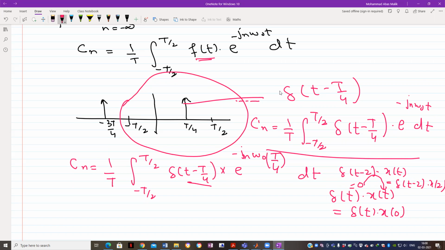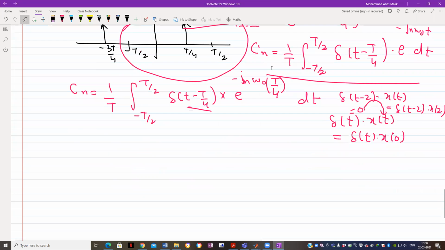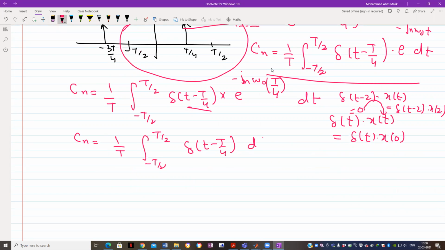So I can say that Cn will be equal to 1 by T, integral from minus T by 2 to T by 2, delta of t minus T by 4, dt.